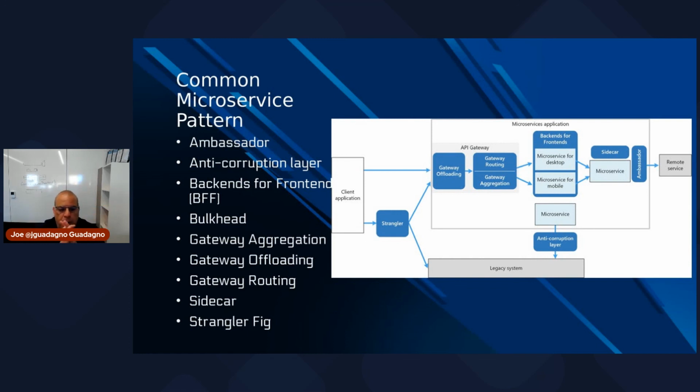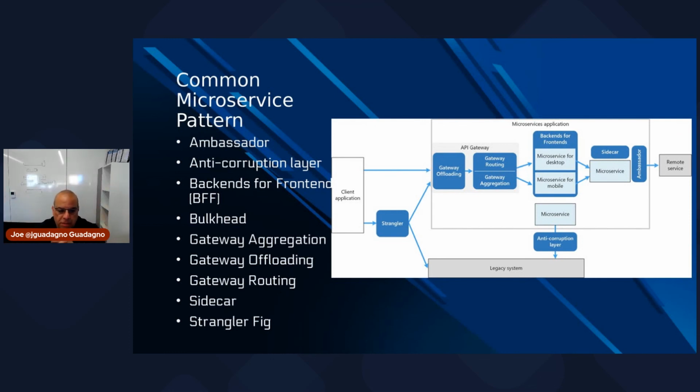The bulkhead pattern handles all the interop stuff, so memory, databases, interops, networking. So that's basically if you're using something like Azure or AWS, they're handling all that for you.